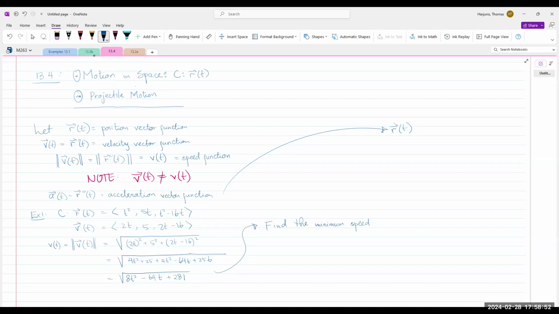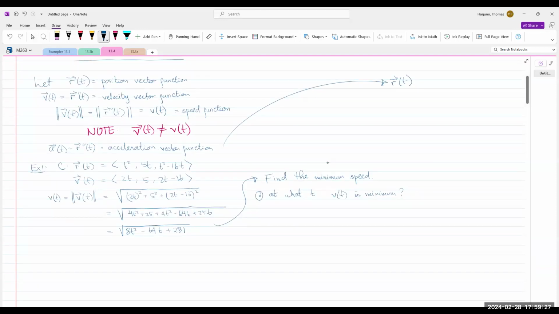Basically, we need to first find at what time t v(t) is minimum. Once we find the t, we plug that t into v(t) and we get the minimum speed. And we can do it this way.